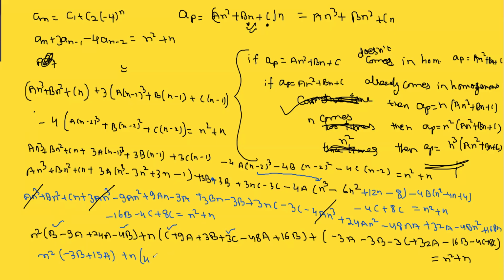What? 4c? 9, minus 3a, plus c. Yes, now this is correct.